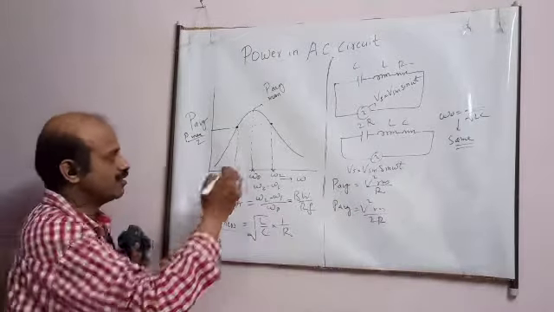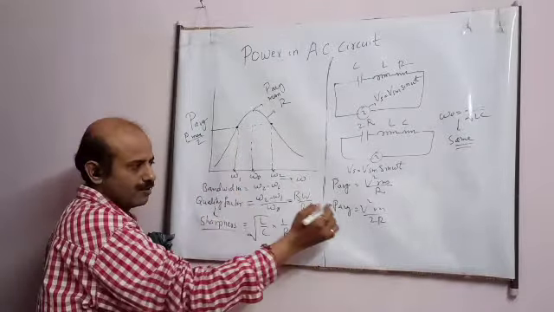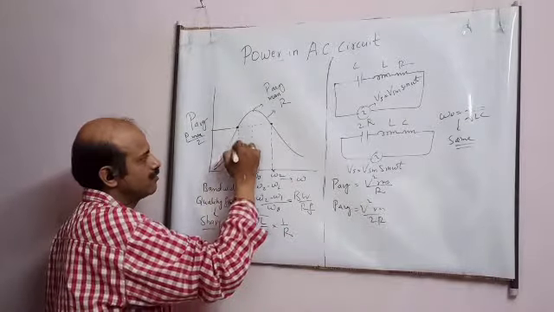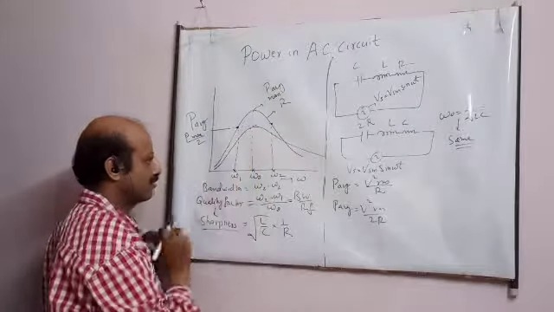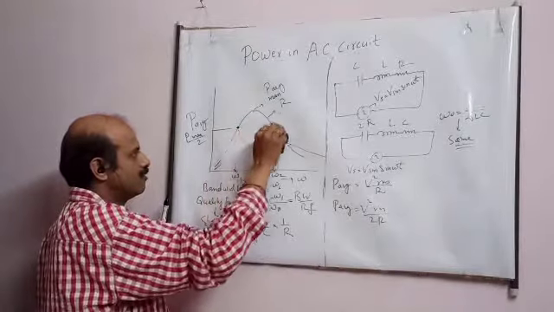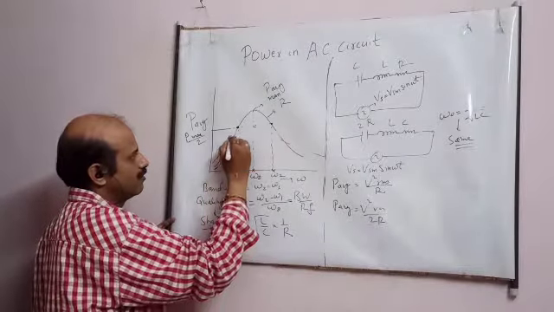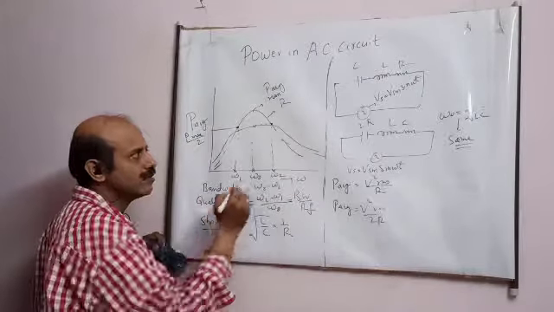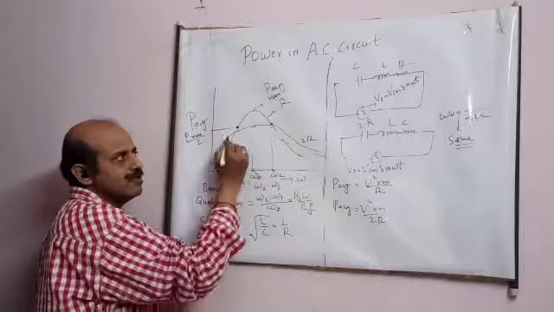This means if this is a graph of resistance R, the average power is decreasing. The graph will be like this. This is sharpness, student.